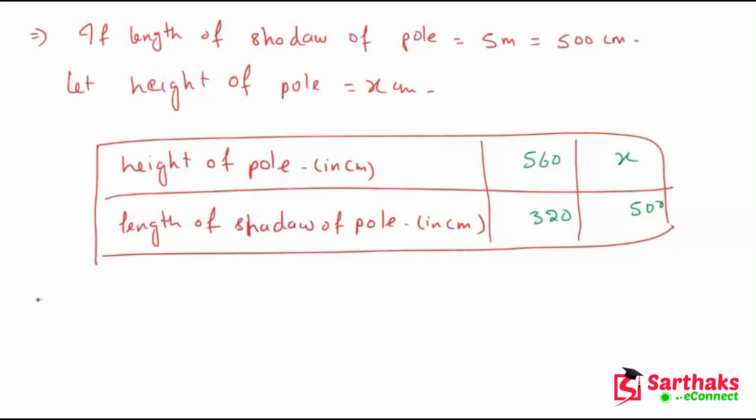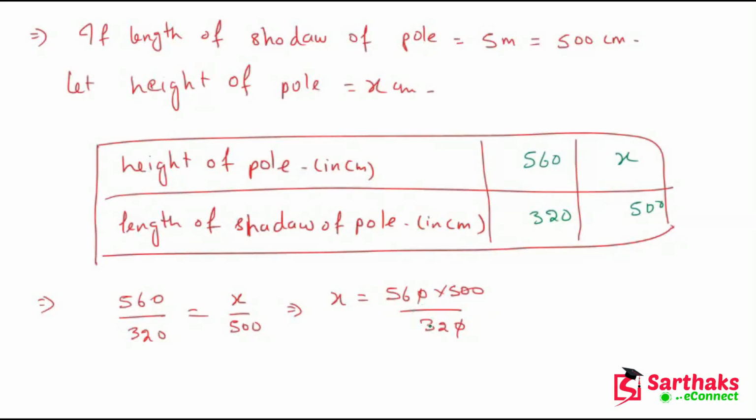So now this will become like 560 upon 320 is equals to x upon 500. So from this, x is equals to 560 into 500 divided by 320. This 0 and this 0 will be cancelled.